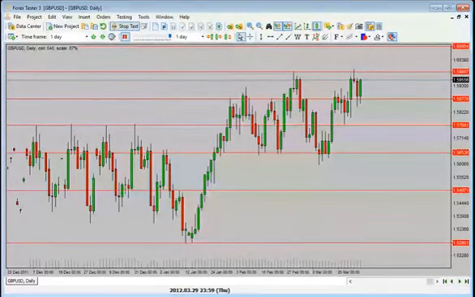So we're going to predict or guess what the next candlestick will be. And we're not using any indicators here, it's just looking at price action. The idea is to get used to price action and get comfortable with the price action. And we are going to look at the daily candlesticks.